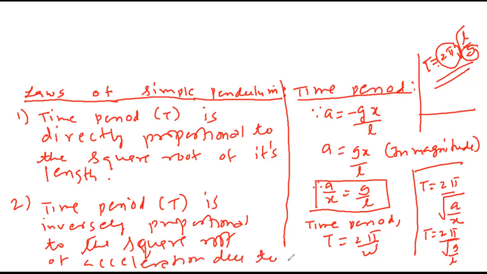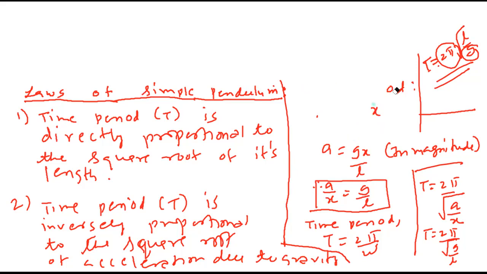Can you see the mass of the bob anywhere in the formula? You have to just see and answer, don't think much.